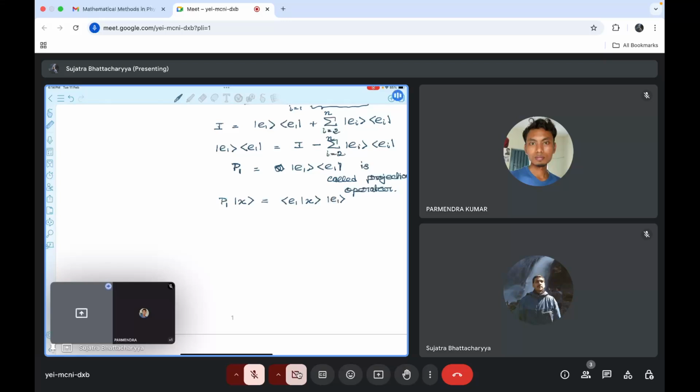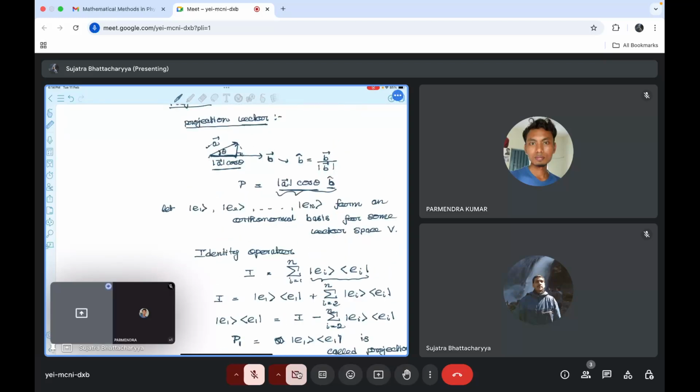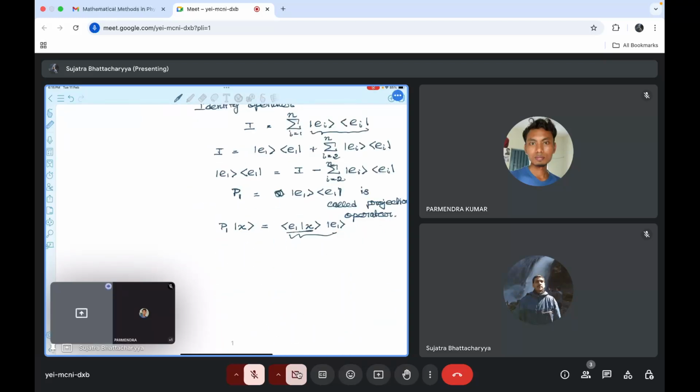Just look into this expression and that expression. These are exactly the same. This bracketed term is nothing but the inner product, and the inner product and the scalar product are the same in the case of real space. Right? So the inner product of x and E1 consists of the modulus of x, the modulus of E1, and cos theta, where theta is the angle between the x and E1 vectors. Times E1.